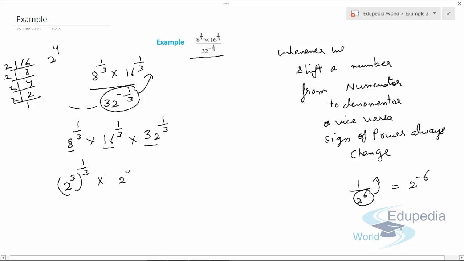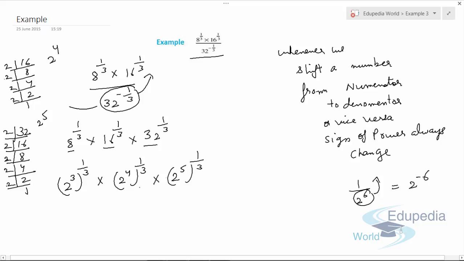You can write 2 raised to power 4 raised to power 1 by 3 into, now 32 can be written like this: 2, 16, 2, 8, 2, 4, 2, 2, 2, 1. So it's 1, 2, 3, 4, 5. So it can be written as 2 raised to power 5, so 2 raised to power 5 raised to power 1 by 3.